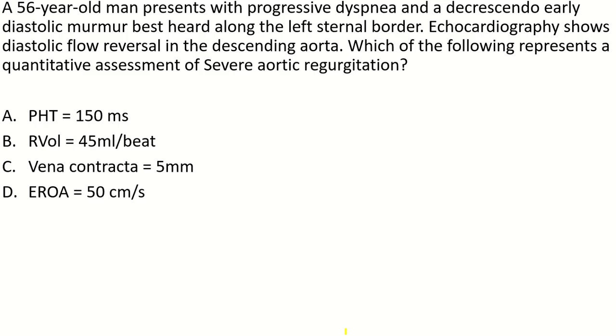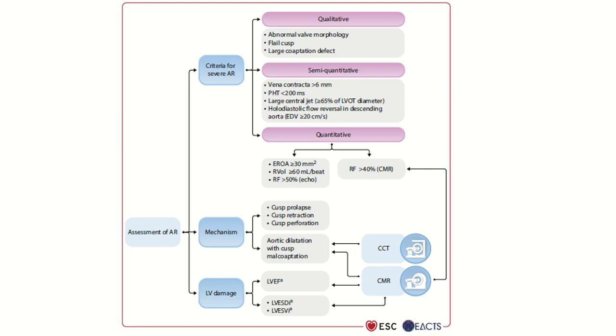Before answering this question, let's review the guidelines. The guidelines demonstrate that if you want to evaluate severe chronic aortic regurgitation, you have to have a qualitative assessment, semi-quantitative assessment, and quantitative assessment. For quantitative assessment, you have an effective regurgitant orifice area above 30, a regurgitant volume above 60 mL, and a regurgitant fraction above 50.